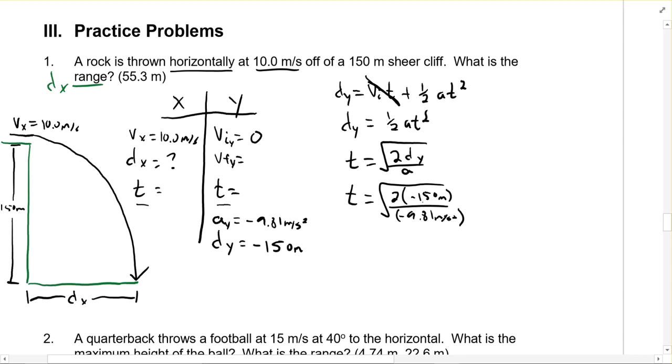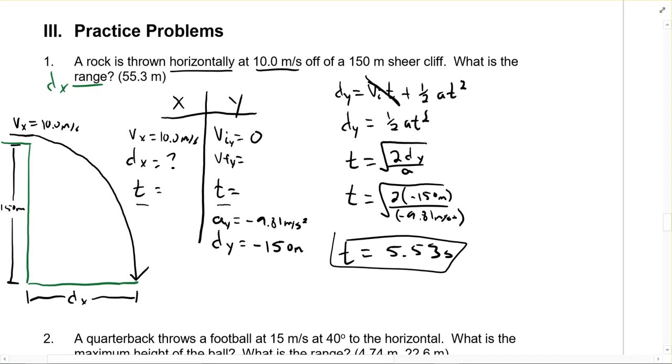Now remember, if you don't get a positive underneath the square root symbol, you did something wrong. You can't get a negative under a square root symbol. The time is equal to 5.53 seconds. Okay, so I figured out my time. That's kind of the hard part.